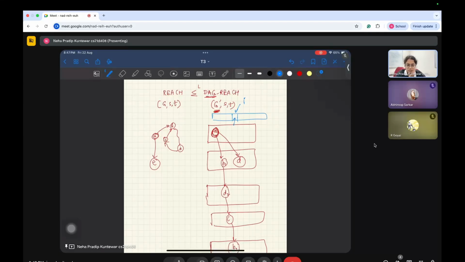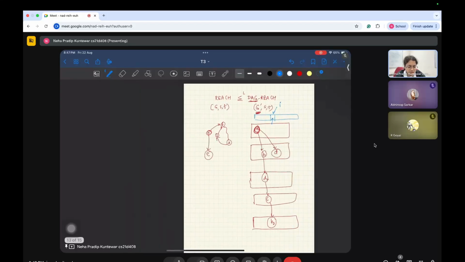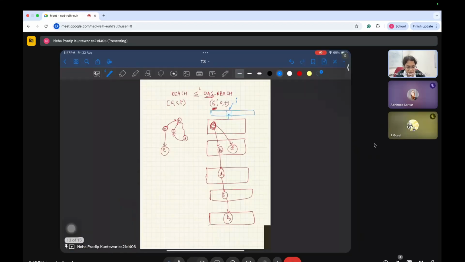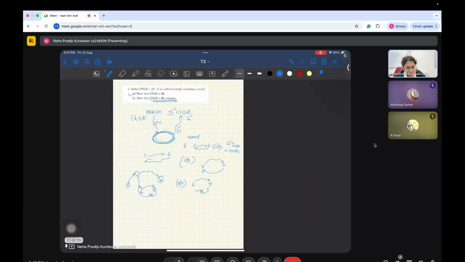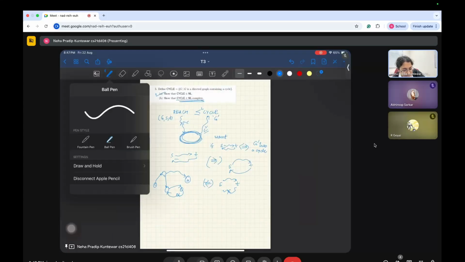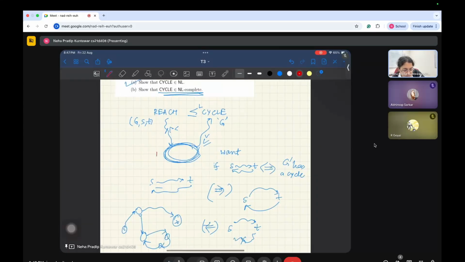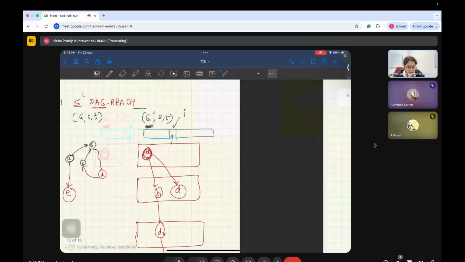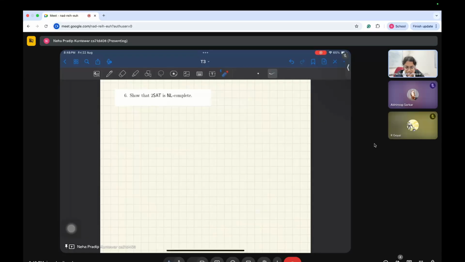So just to quickly see what we did, we came up with this new problem called DAG reachability, and we showed that DAG reachability is NL-complete, and from this we showed that cycle is also NL-complete. And I have two problems that are interesting.